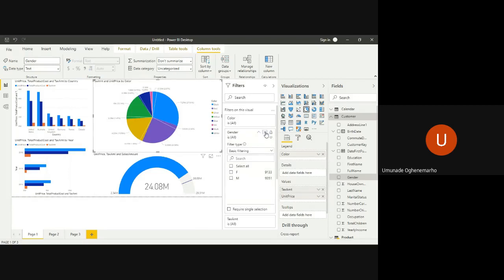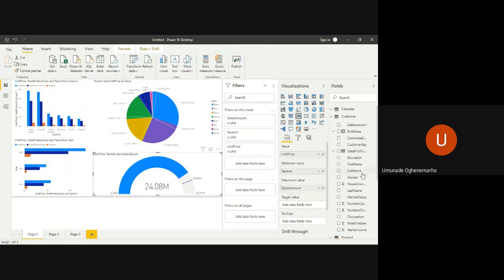Let me remove it from here. This is a visual that will be very clear to see the differences. Let's once again drag in gender. I'll select female and see that it changes automatically. I select female and select male, and it also changes. So that's basically filtering on the visual.